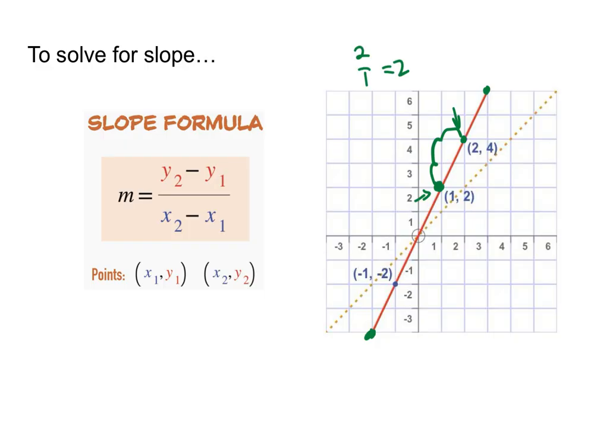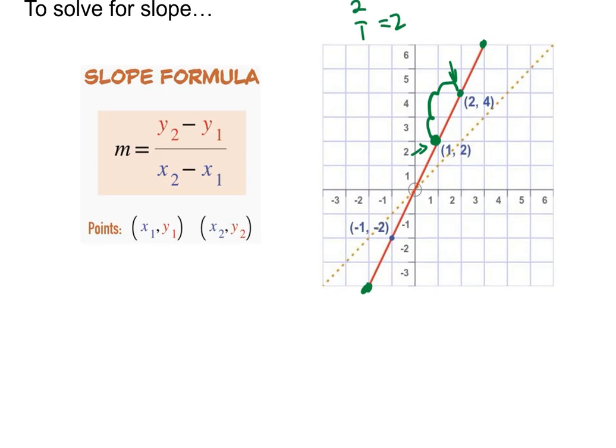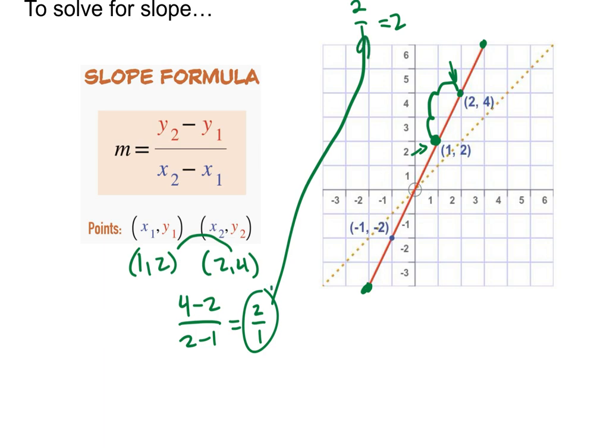Now doing it with the formula, I've got 1, 2, and 2, 4. So my formula is going to be 4 minus 2 over 2 minus 1, which is going to be exactly what I have up there. Okay, so they're both going to be the same.